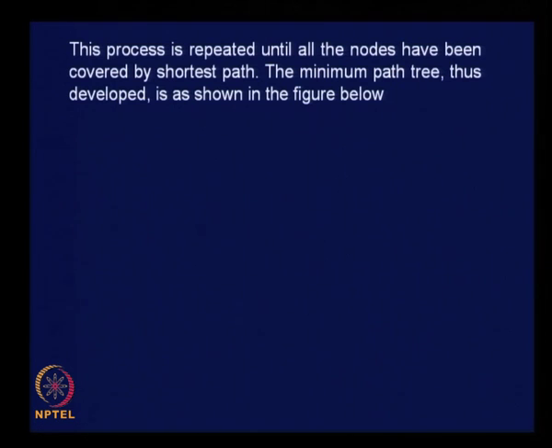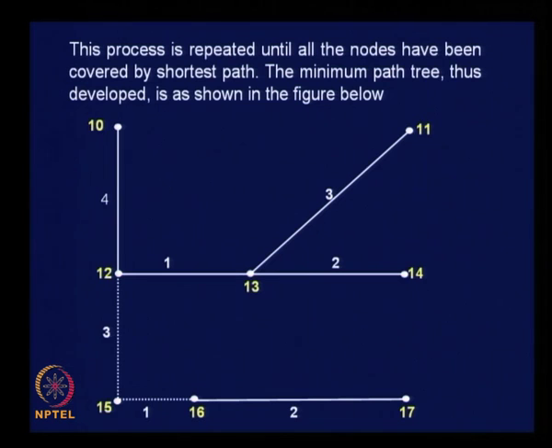This process is repeated until all the nodes have been covered by shortest path. The minimum path tree thus developed will be as shown in the figure. This is the minimum path tree.